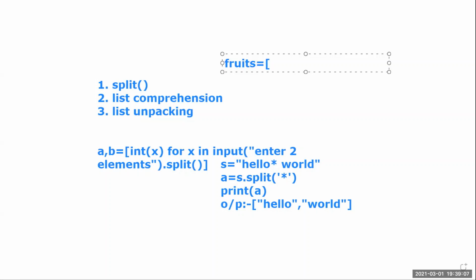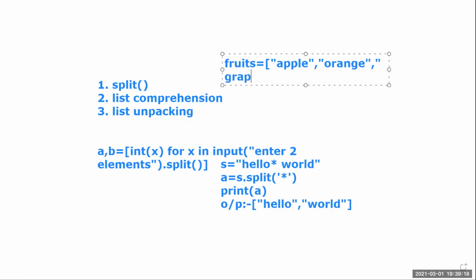It contains some fruits like apple, orange, and some grapes. These are my list elements.